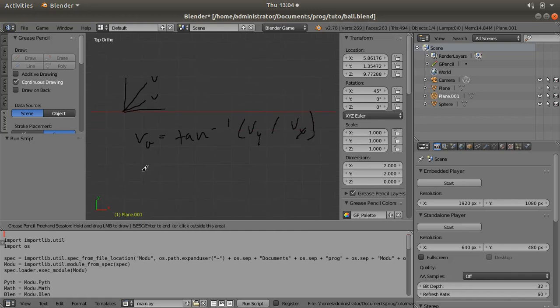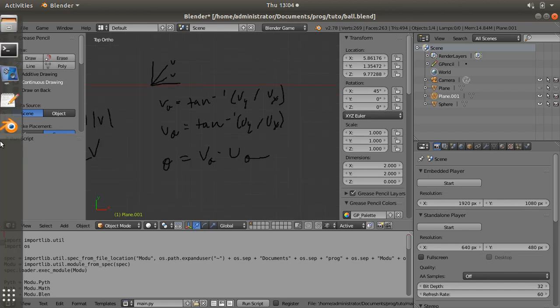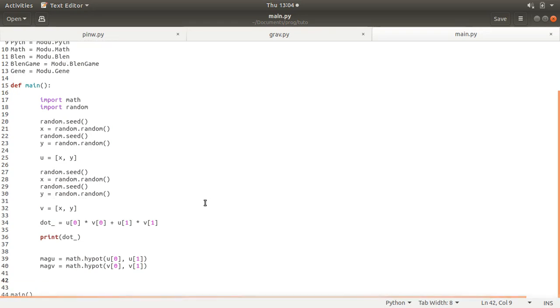U theta is the same. And then theta, the angle between the vectors, is equal to v theta minus u theta. So I'll do that.